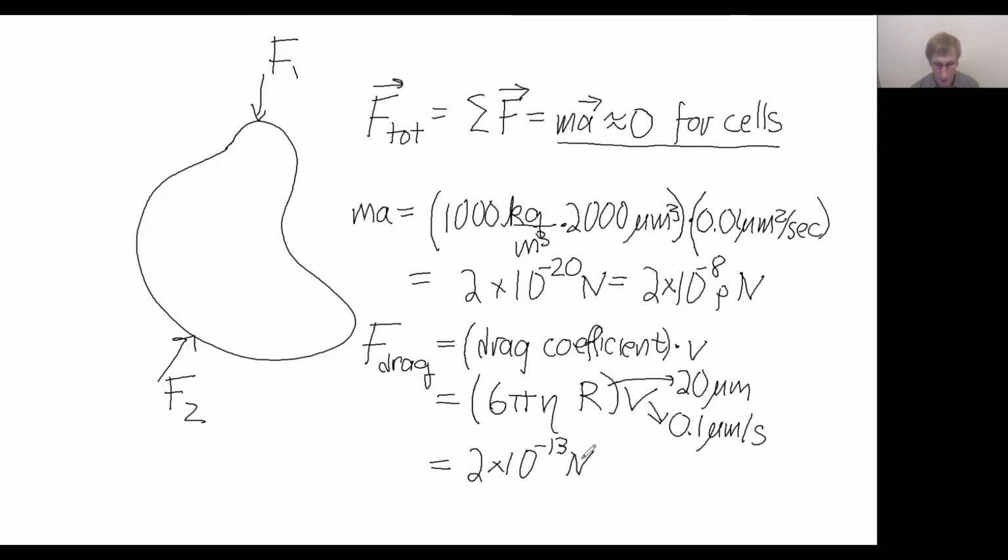So again, very small by comparison with the magnitudes of the individual forces. So the lesson is that all the forces acting on a cell or part of a cell generally balance out and add up to 0.